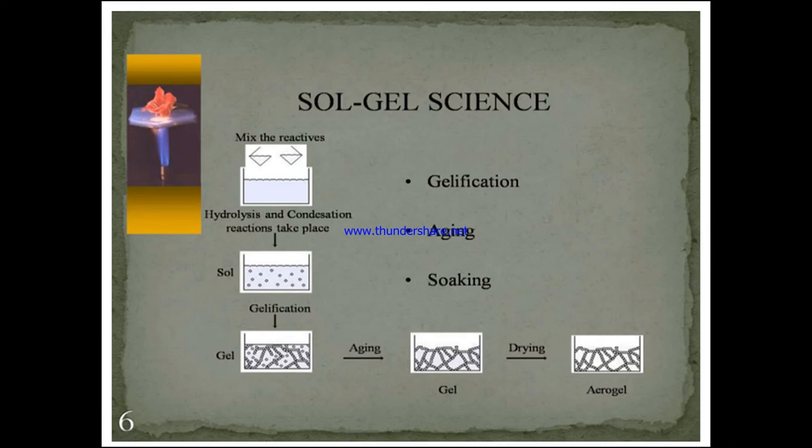In the extraction process, the alcohol has to be eliminated from the nanomaterial so that we get the nanomaterial individually. So after the gel formation, we are going to have a drying process.